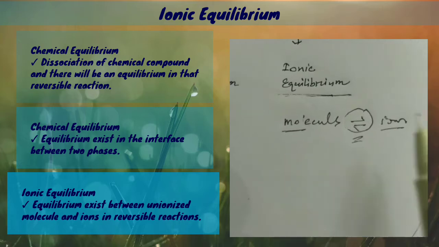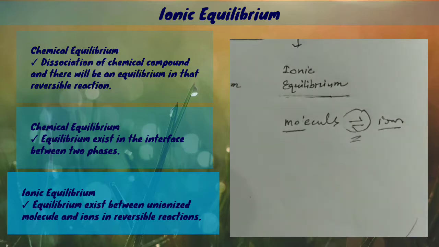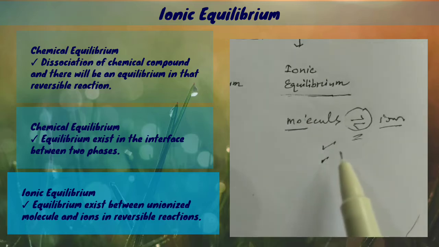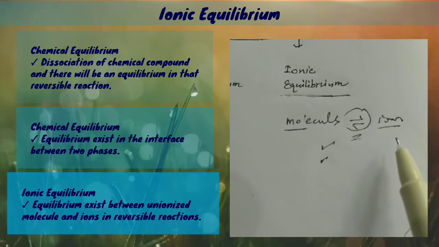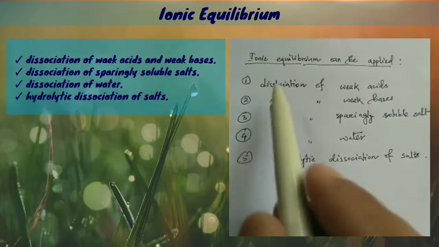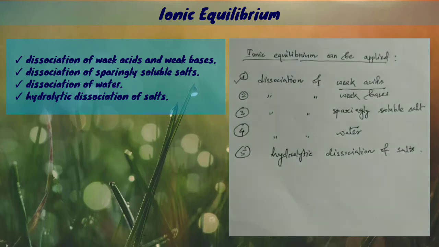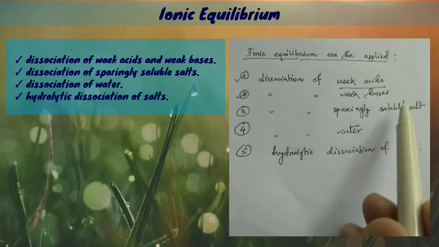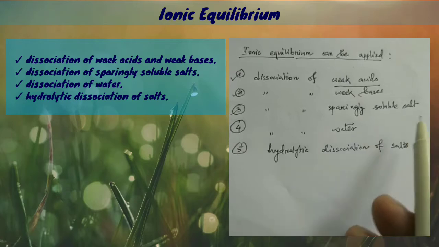Weak acids, weak bases, or sparingly soluble salts show this type of equilibrium, because they do not dissociate completely into their ions. Thus ionic equilibrium applies to dissociation of weak acids like acetic acid, weak bases like ammonium hydroxide, and sparingly soluble salts like silver chloride.